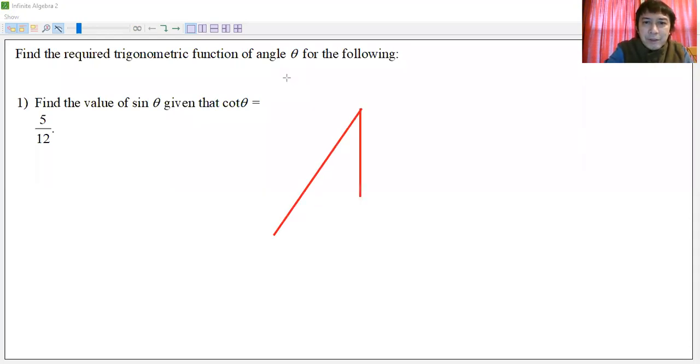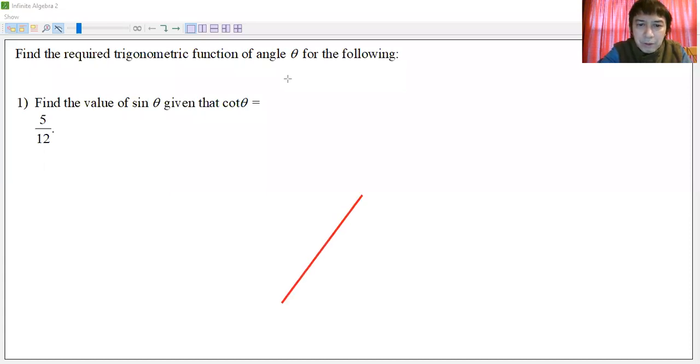Let us put it in the center. And let this be our right angle. This will be our theta.